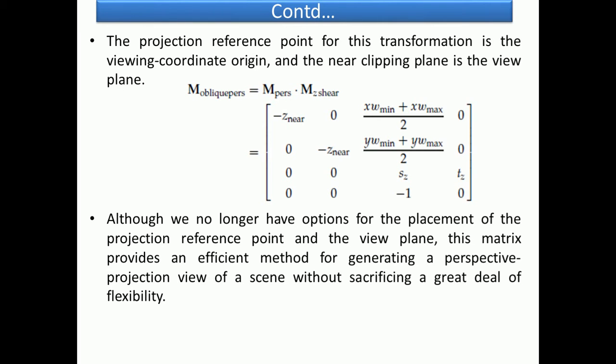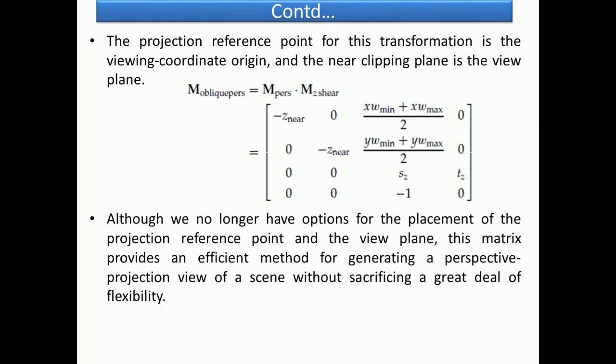Although we no longer have any options for placement of the projection reference point and the view plane, this matrix will provide an efficient method for generating a perspective projection view of a scene without sacrificing any flexibility.